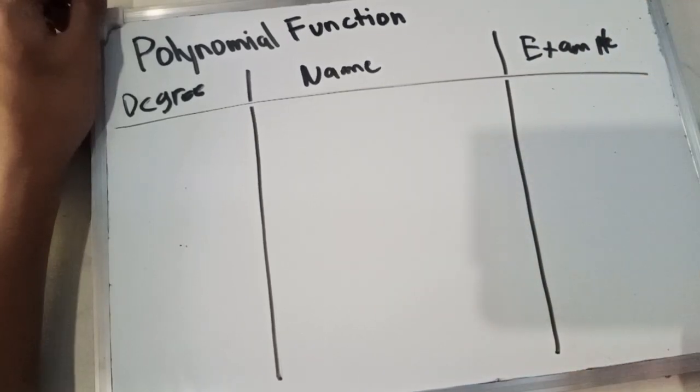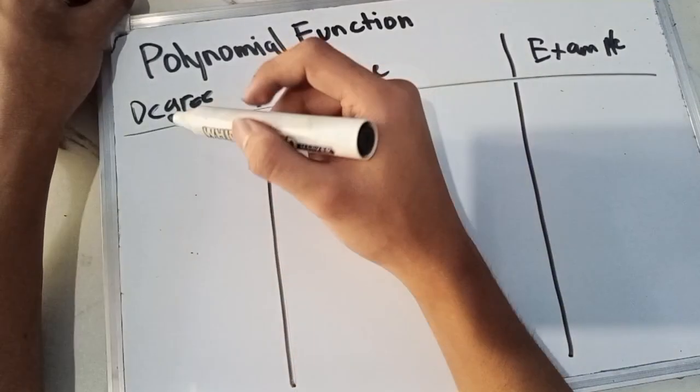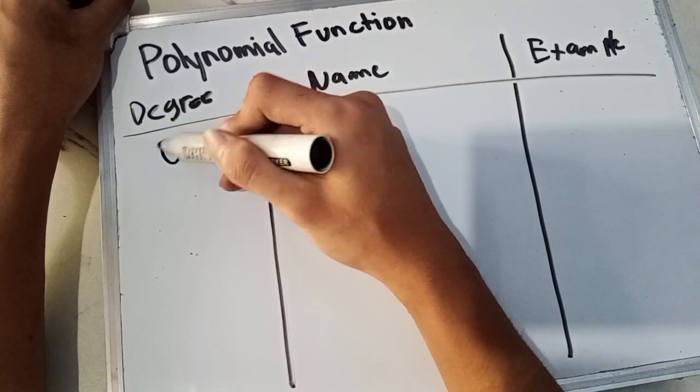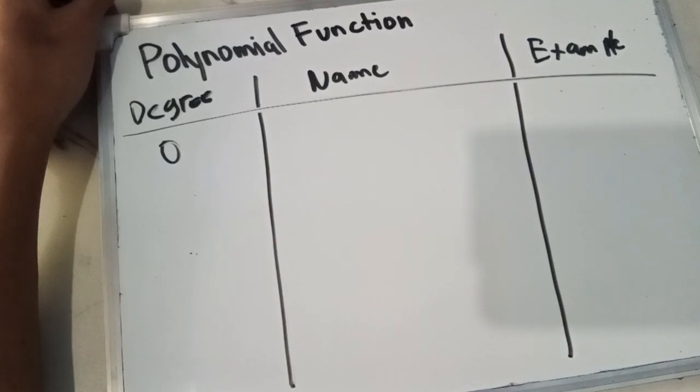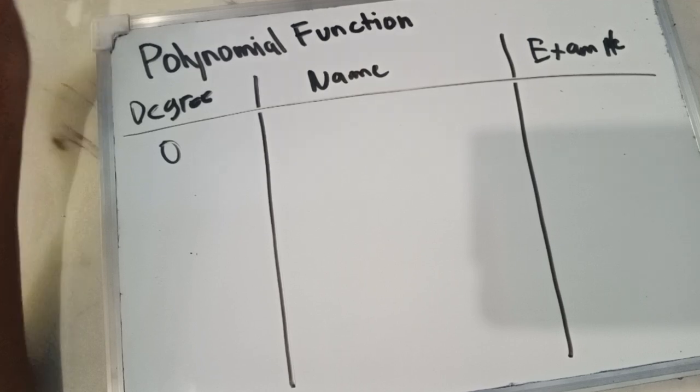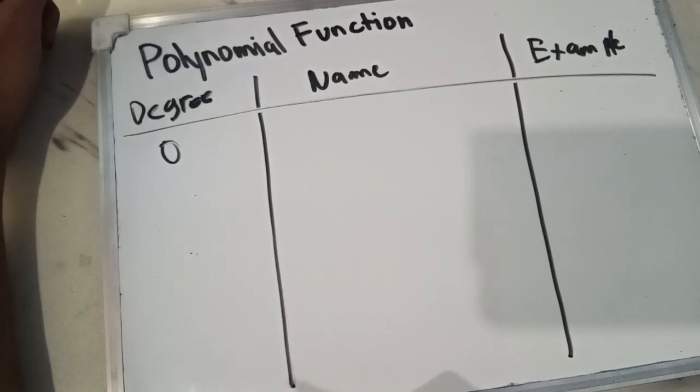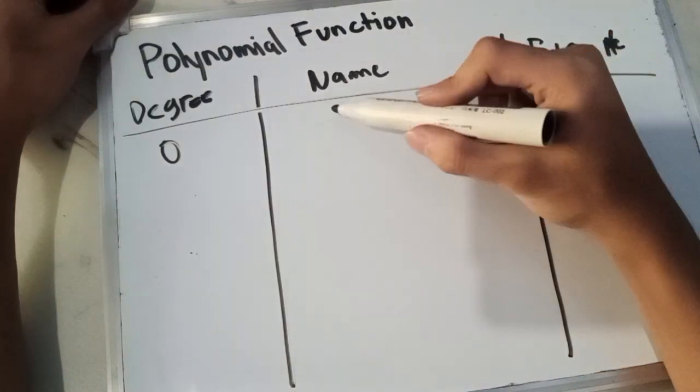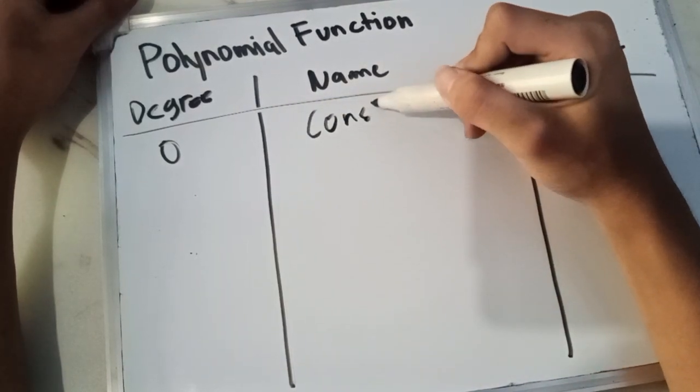So if the highest degree is 0, the name of that polynomial is constant. We called it constant.